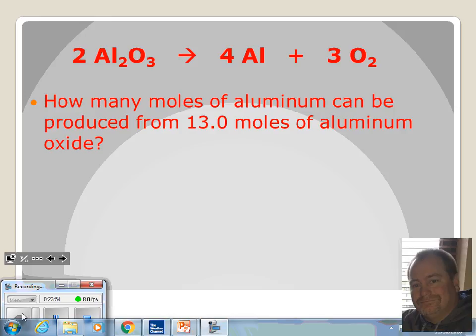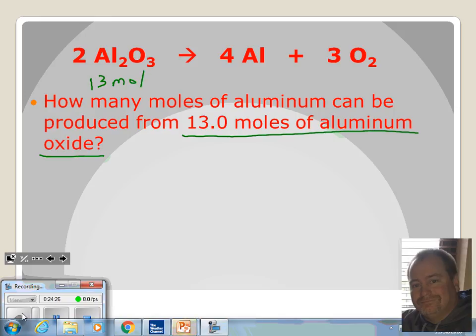So in this particular equation, to start with, what do we know? What have I been given? Well, I've been given that I have 13 moles of aluminum oxide. That is my given.